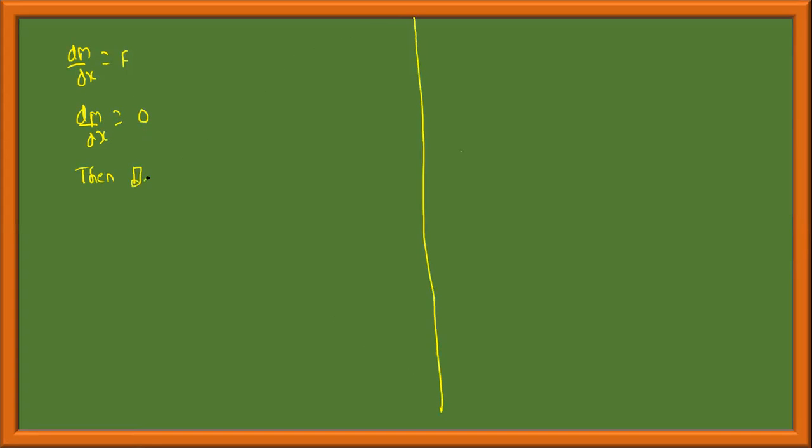Next, we have established a relation: dM/dx is equal to F. In case dM/dx, the slope of the bending moment diagram, is equal to zero, then the bending moment can be maximum or minimum, isn't it?